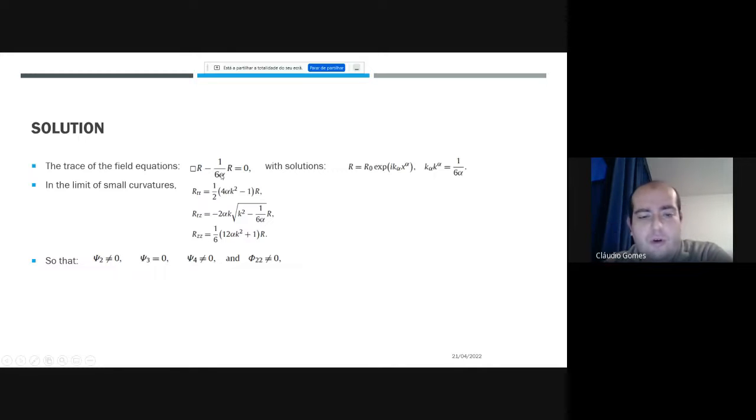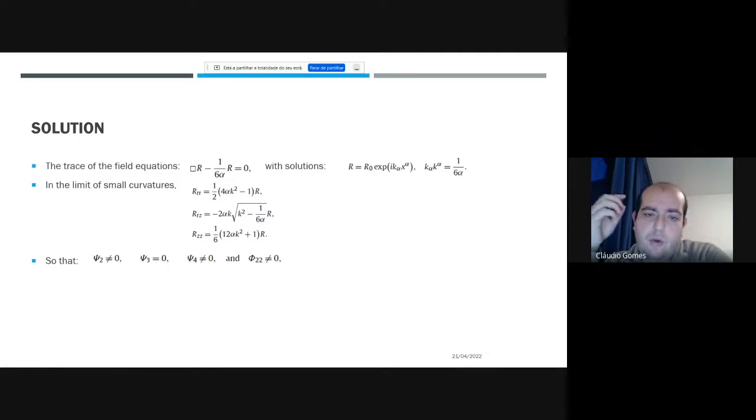Before moving forward, let's see. When I am looking into the trace of the field equations, what we find is actually a modification of the scalar field. With the mass term here, we are clearly in the presence of further polarization modes.